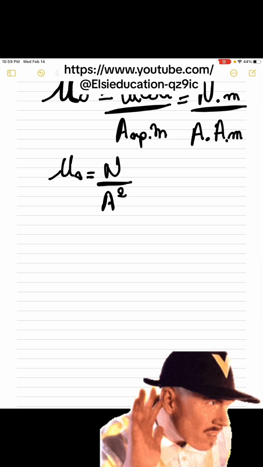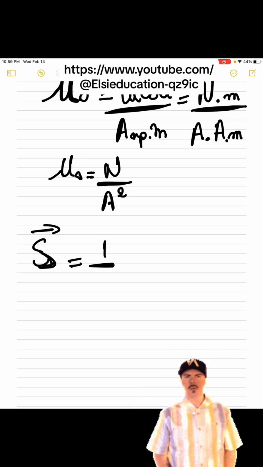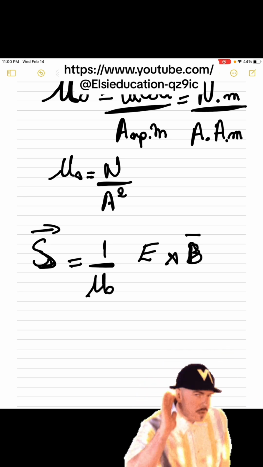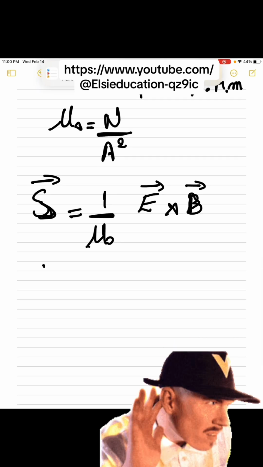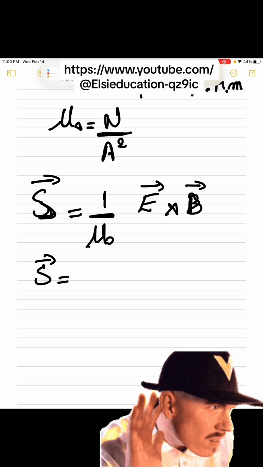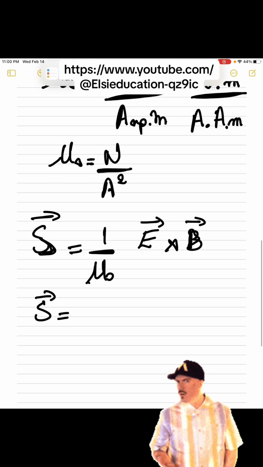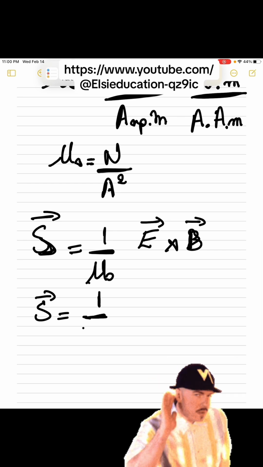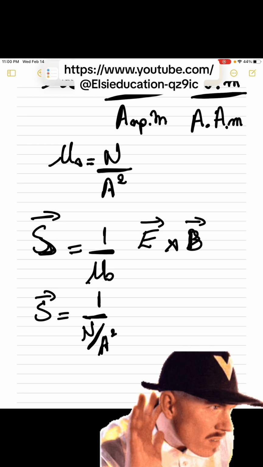So if we come back to our Poynting vector, it is equal to 1 over the constant multiplied by the electric field multiplied by the magnetic field. What is the constant? The constant is Newton divided by amp square.